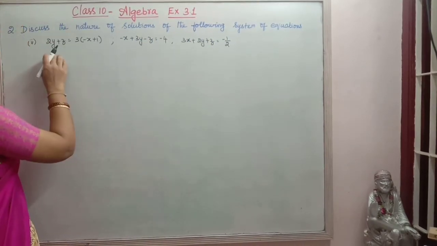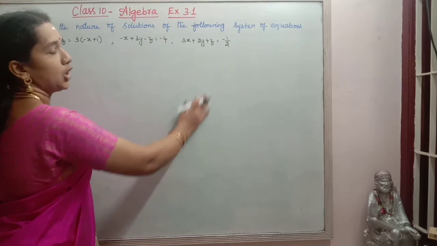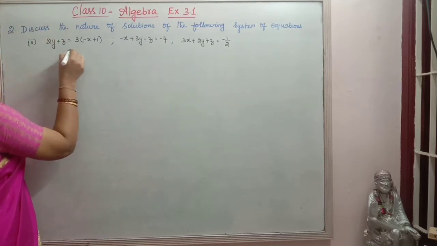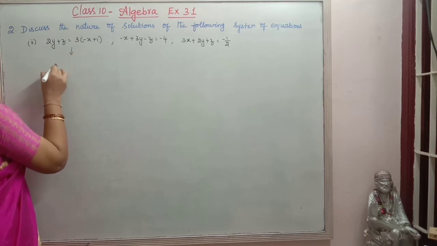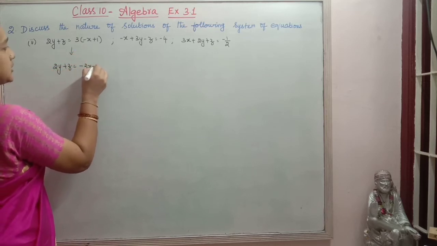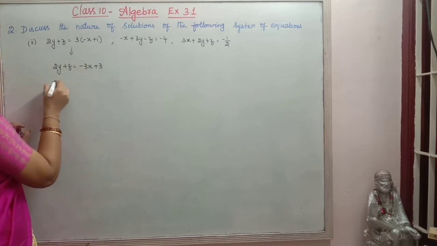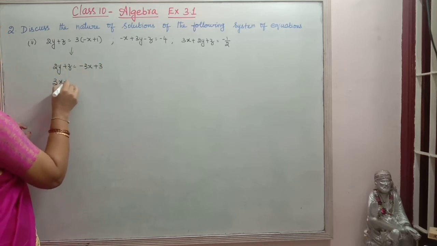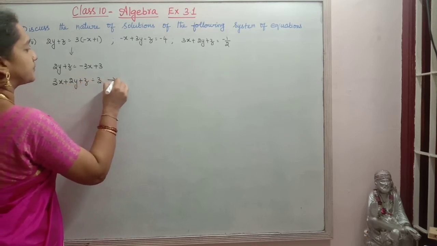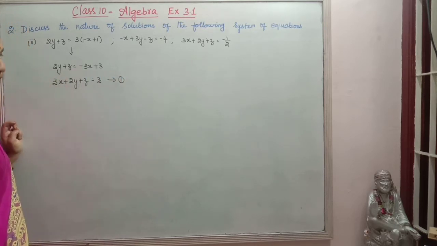Second sum, we got 3 equations. The first one is 2y plus z is equal to minus 3x plus 3. When we bring this 3x to that side, 3x plus 2y plus z is equal to 3. We got an equation like this, first one.